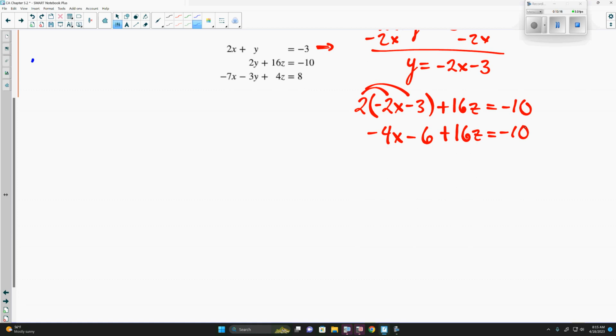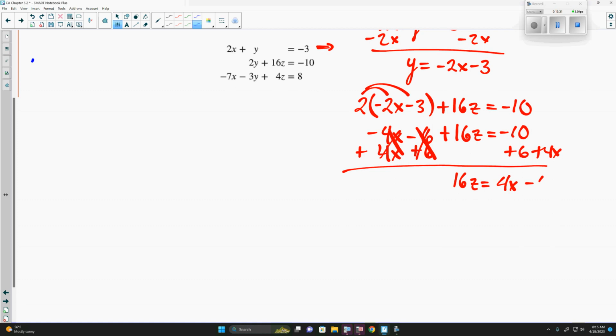Well, we can add the 6 and add 4x to both sides. These will cancel, telling us 16z is equal to 4x minus 4. Well, divide everything by 16, telling us z is equal to 1/4 x minus 1/4.